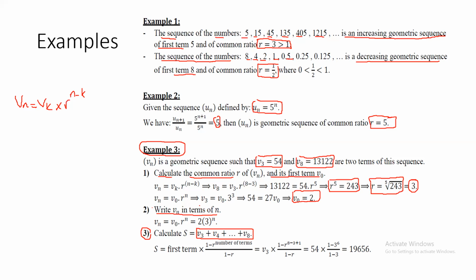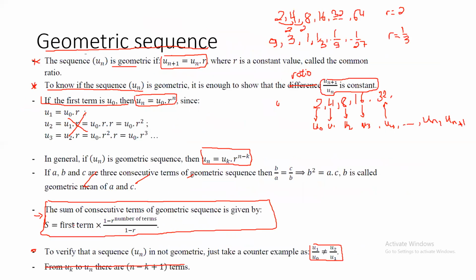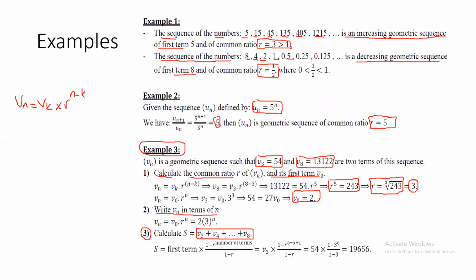According to the rule, sum equals first term times 1 minus r to the power number of terms, over 1 minus r. The first term is V3. The number of terms between 3 and 8 is 8 minus 3 plus 1.